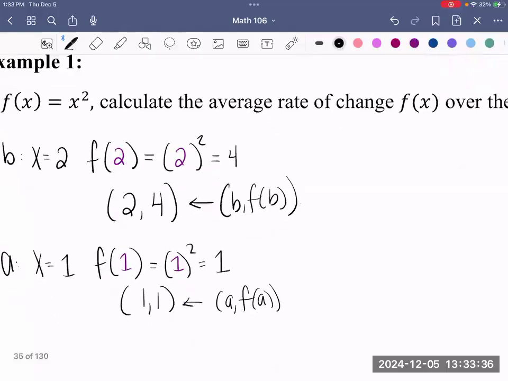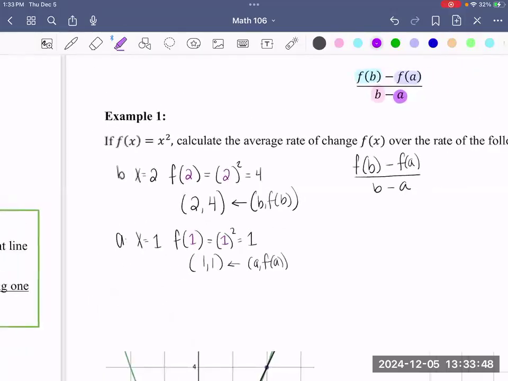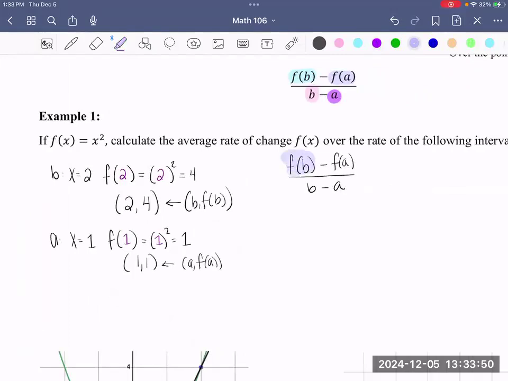So let's go ahead and put it into your formula, which previously we saw is f of b minus f of a all over b minus a. Our f of b here, which I want to keep with the same colors, is 4. Our f of a came out to be 1. So in your numerator, we have 4 minus 1.